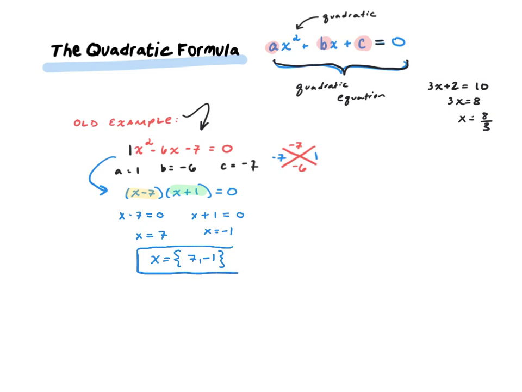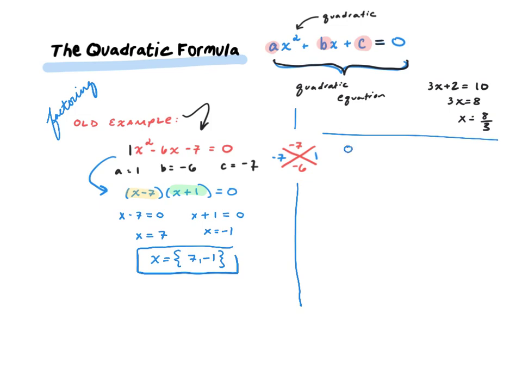And we were able to solve this quadratic equation by factoring. So factoring is one method to solve a quadratic equation, to figure out what makes this equal 0. But now we're going to practice another way, and it's called the quadratic formula.